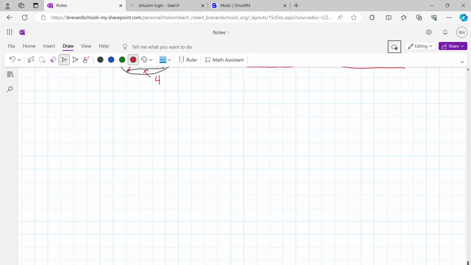The key with these shapes is that you're using the shape inscribed in the circle to find the diameter. So let's draw another circle. Put a center in it.